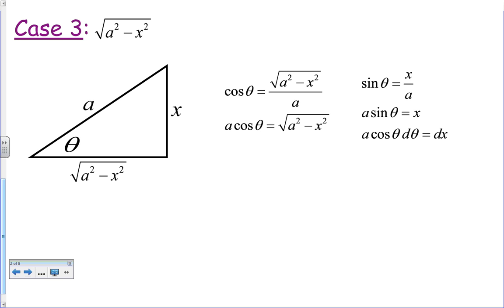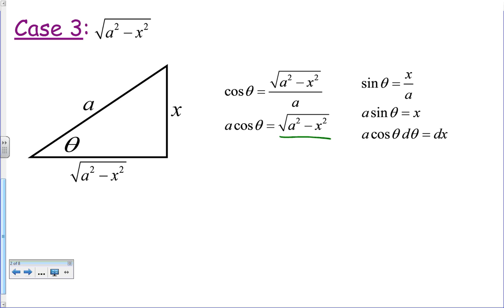That sounds like cosine. Cosine of theta is equal to the square root of a squared minus x squared divided by a, and solving for the radical, a cosine of theta is equal to the square root of a squared minus x squared. So again, if I had this in my integral that I was trying to evaluate, I could now replace that with a cosine of theta. Now again, I've got to find out what dx is equal to, so use the other two sides of my triangle here, the vertical leg and the hypotenuse, to find that.